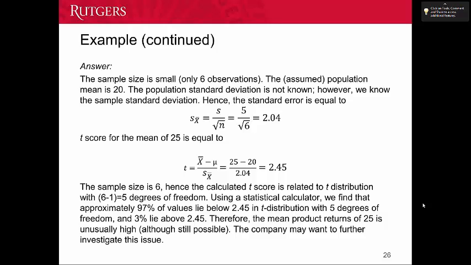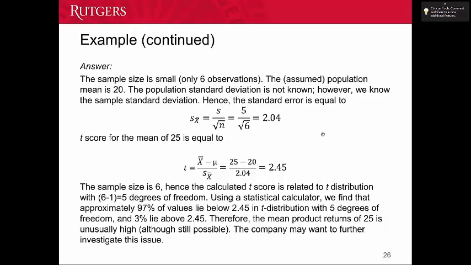So here we have the answer. The population mean is 20 and the population standard deviation is not known. However, we know the sample standard deviation, so we can use the formula we learned before to calculate the standard error. Using this formula, we get a standard error of 2.04.